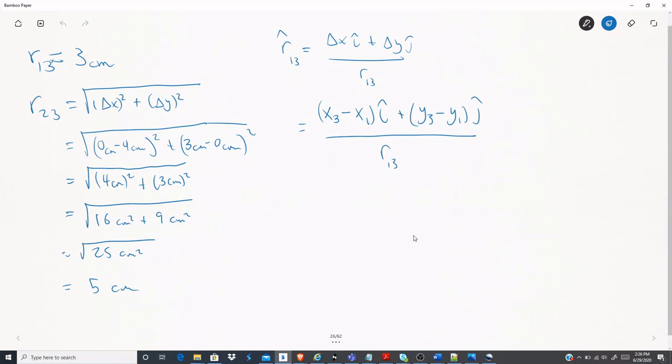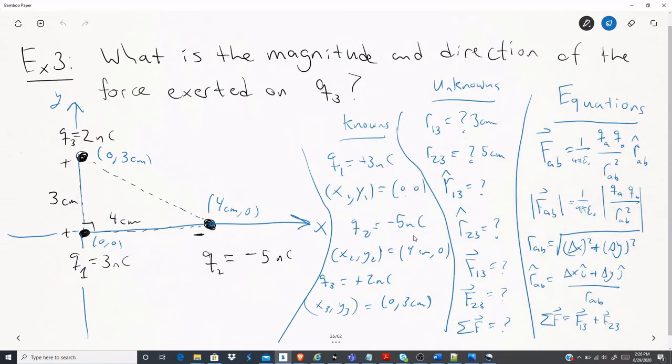So if I go back to the picture, I need the unit vector that points from charge 1 to charge 3, right? Well, that's just a vector that points directly upwards. So this would be R13 hat, and that should just be the same as the j hat vector, right?